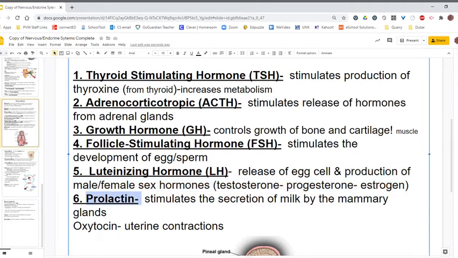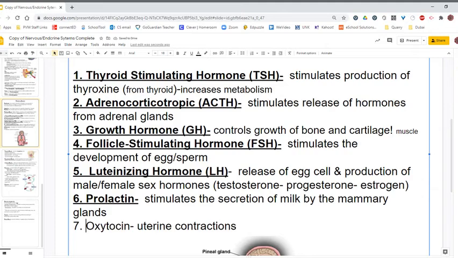Next on this list is prolactin, and prolactin stimulates the secretion of milk by the mammary glands. I added one more on here because it's in our graph that we created earlier.